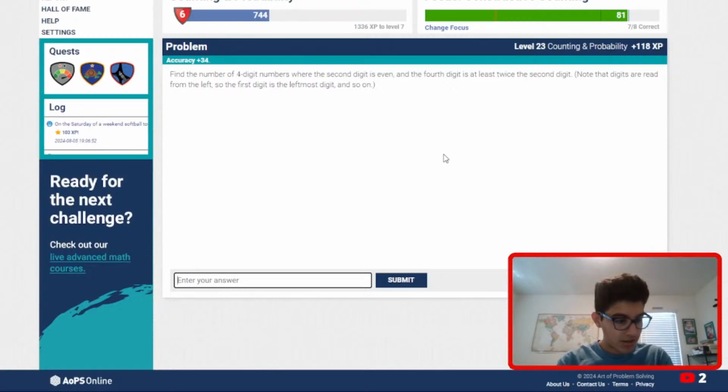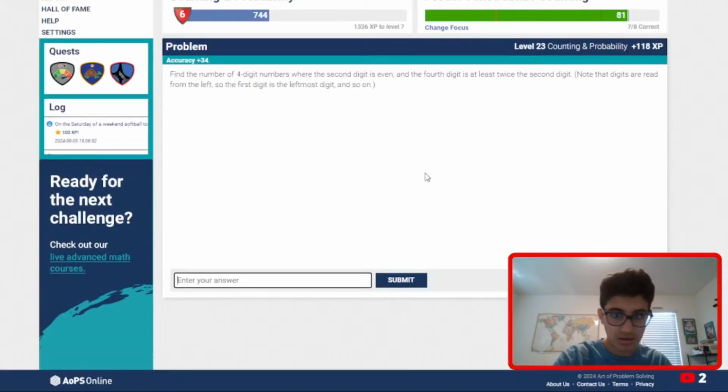Okay. Find the number of four-digit numbers where the second digit is even and the fourth digit is at least twice the second digit. So second digit is even, and the next one is at least... wait, at least or... okay. So obviously the first digit can be anything, any one of nine possible numbers.